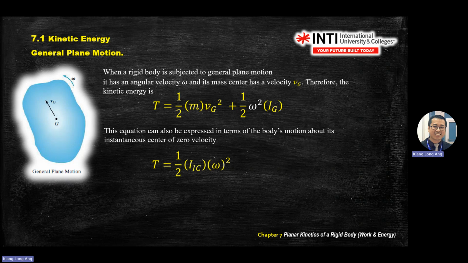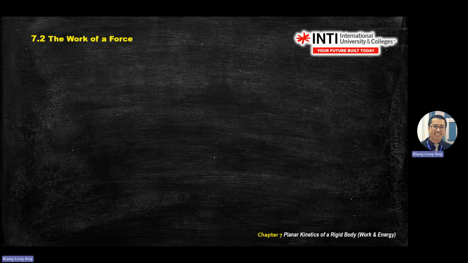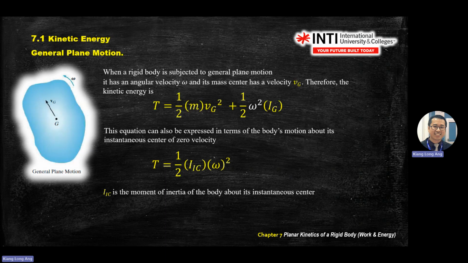So another way of writing is you can use I_C omega squared. In the general plane, if you're lazy, you can just write I_C omega squared.